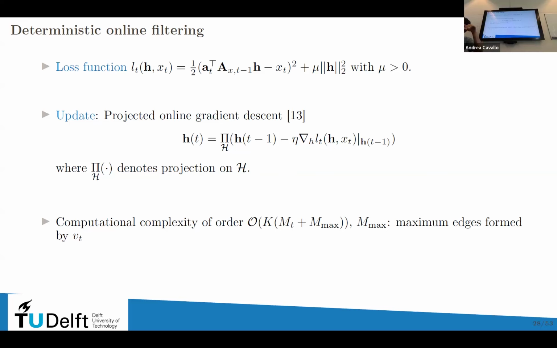And then you take a gradient in the direction of that loss. So you move just one step based on the most recent loss you have, right? And then you project it onto some convex set H. This has a complexity of the number of edges which you have, and the filter order is because of how you calculate the output in graph filters.